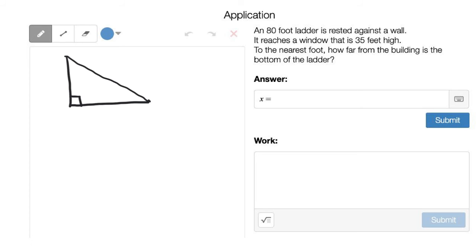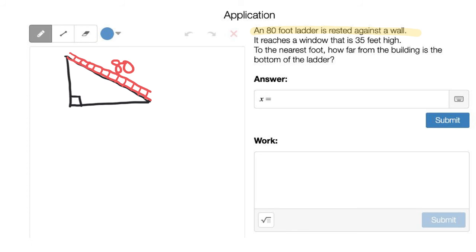So the first thing they tell me is that an 80-foot ladder is resting against a wall. Ladders, when we put them against walls, they lean. So this hypotenuse is going to be my ladder leaning against the wall. So that's where the 80 goes.